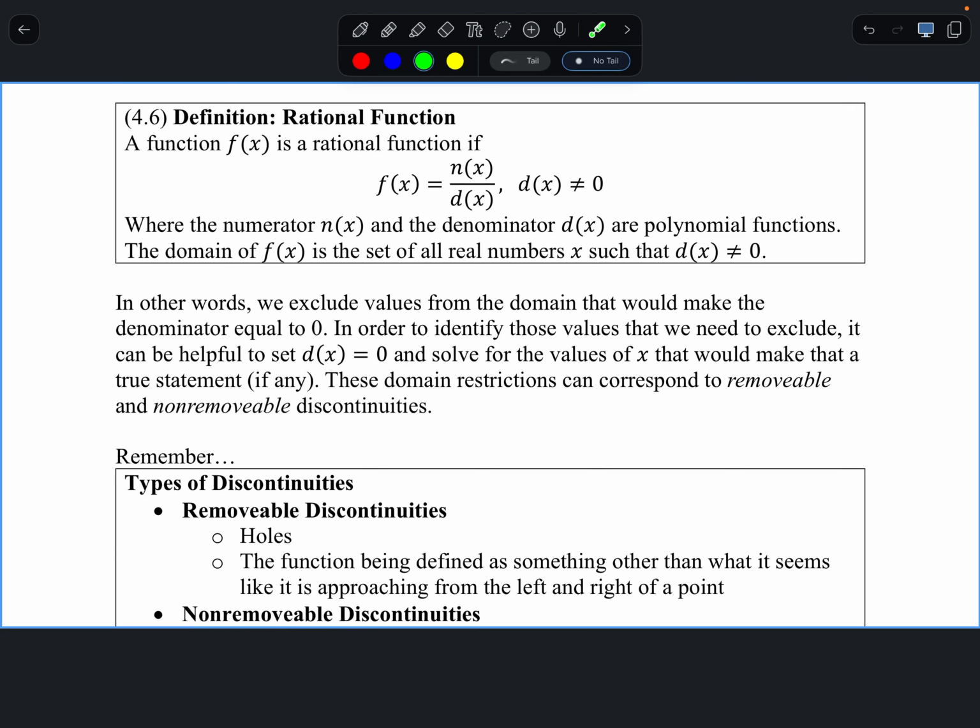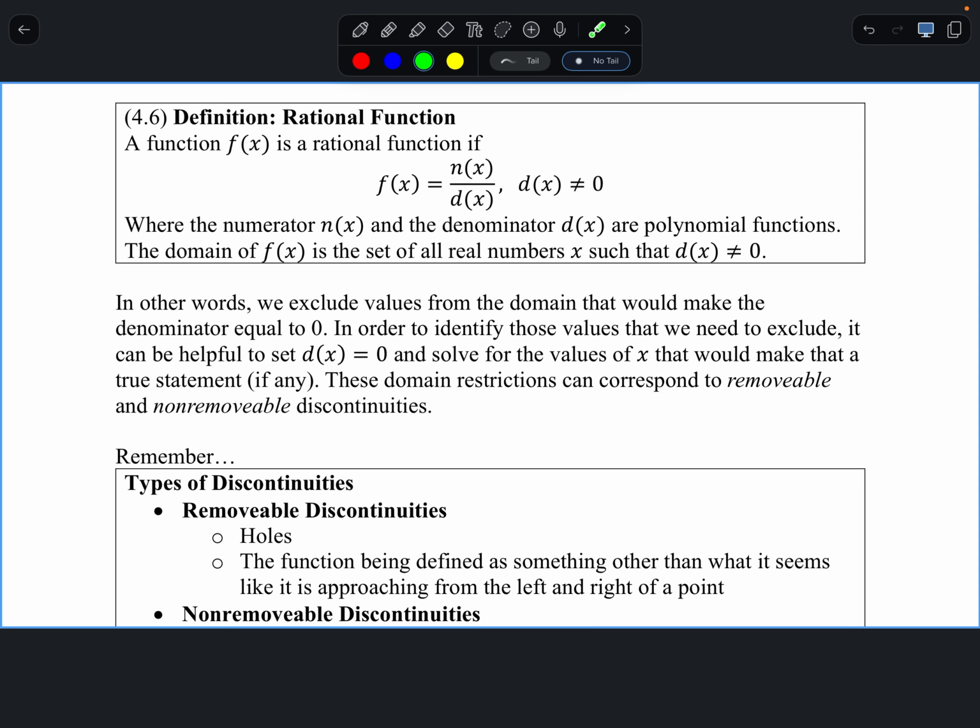Okay, so 4.6 is the last section in chapter 4, and it's the meatiest. We're talking about rational functions. Rational functions are lumped together in the same chapter unit as polynomials because of what a rational function is.